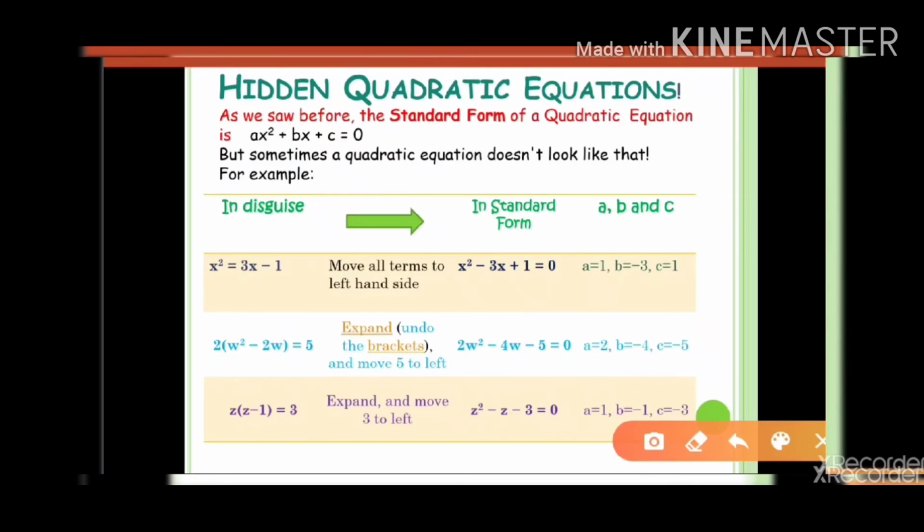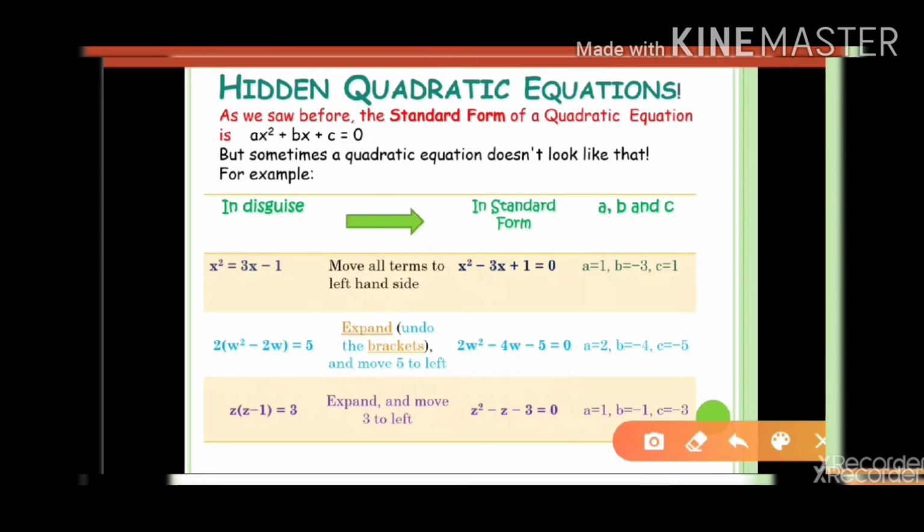In this equation the variable is w, or we can say this quadratic equation is in the form of w.